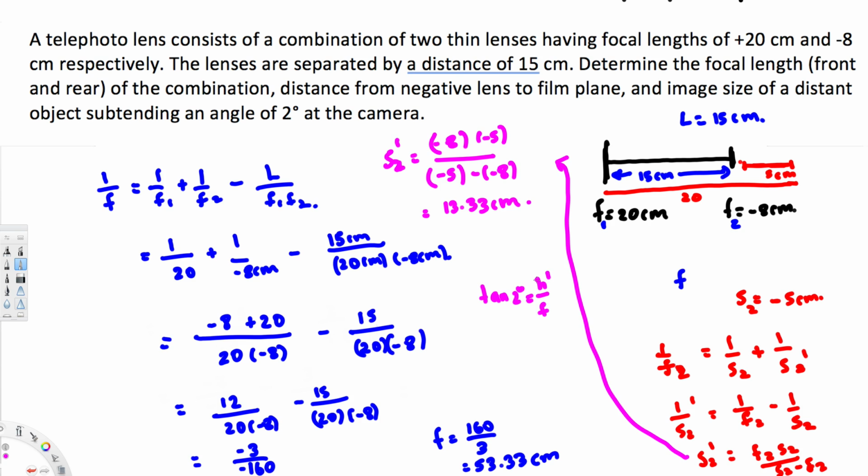We are trying to find the height, so the height is tan 2 degrees times f, and we found that the combination focal length is 53.33. So tan 2 degrees times 53.33 gives you 1.86 centimeter, and that's going to be the size of the image.